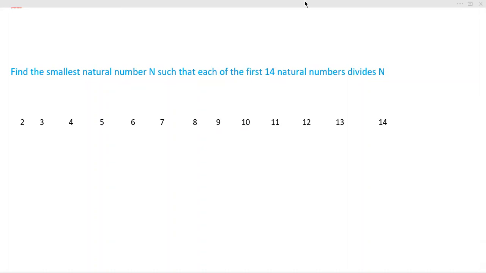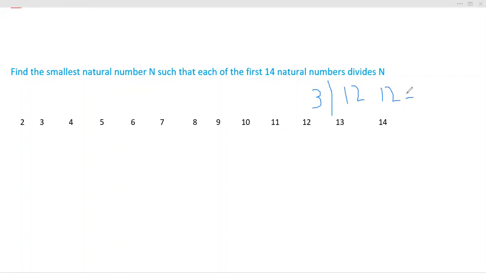Now, just to be sure about the notation here, an example would be 3 in this number theoretic vertical bar. 3 divides 12, since 12 is equal to 3 times 4.